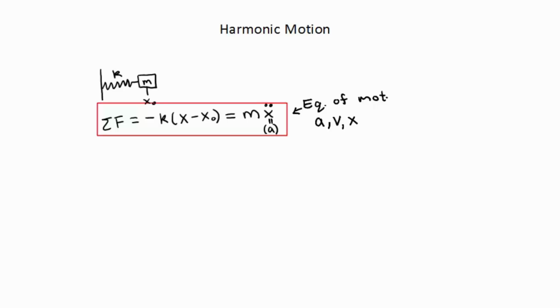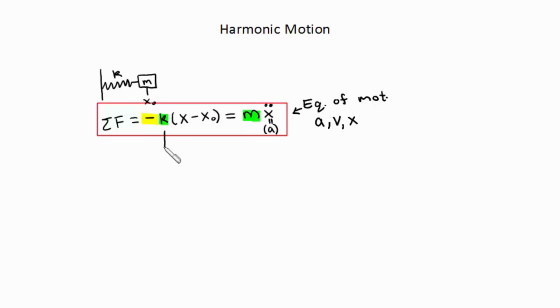Our equation has to be in this exact format. What does that mean? Number one, this negative must always be here, always, always, always. Number two, our k and our m are positive constants.